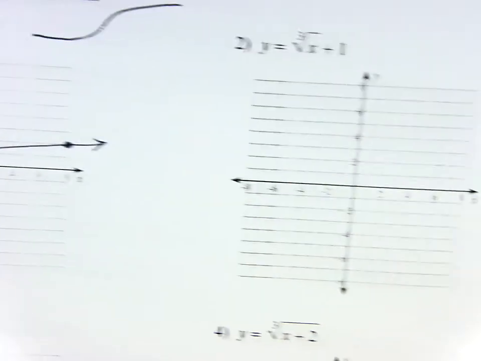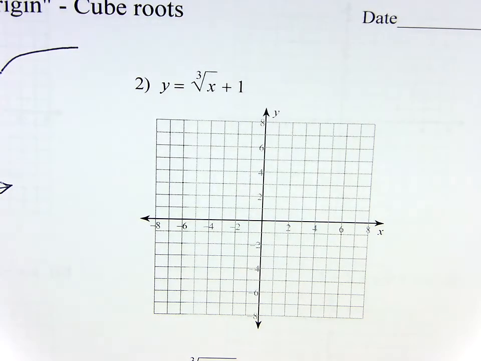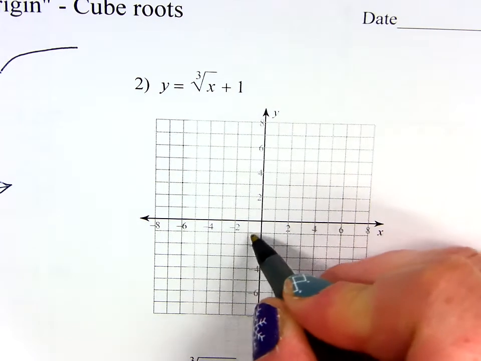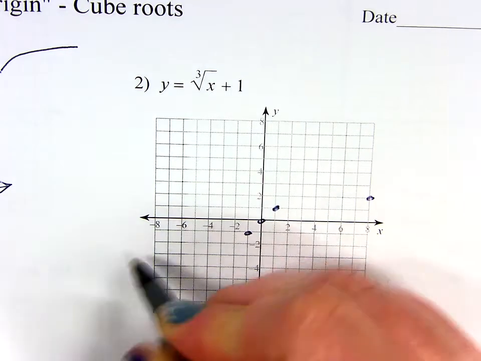So if I look at number 2, what does a +1 on the outside tell you to do to the whole graph? Where do you move it? Up 1, right? So you don't have to redraw the parent function every time if you don't want to, but I will just so we can see it.